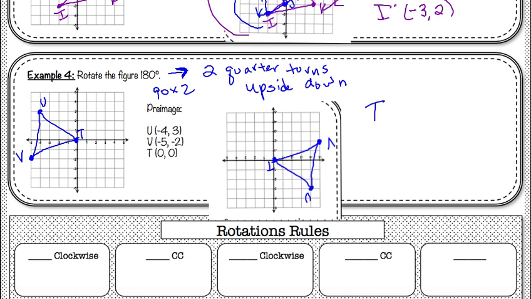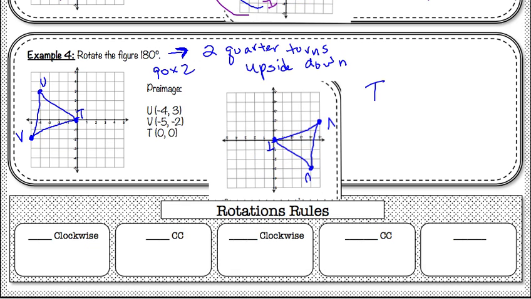T prime, I'm going to change colors. T prime is still at 0, 0. What about U? U prime. See this U? If I go to the right, that's positive 1, 2, 3, 4. And down from the origin, 1, 2, 3.